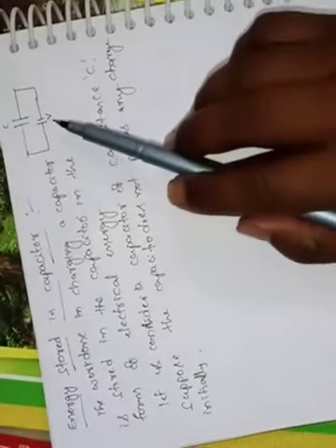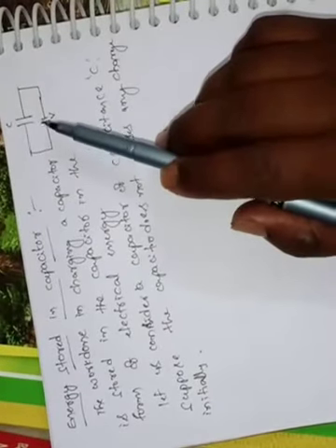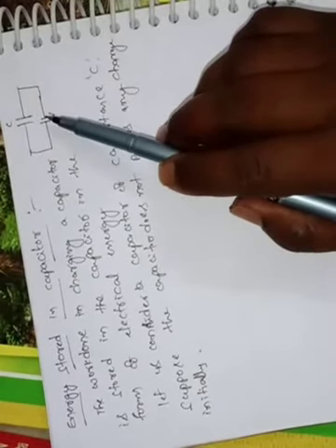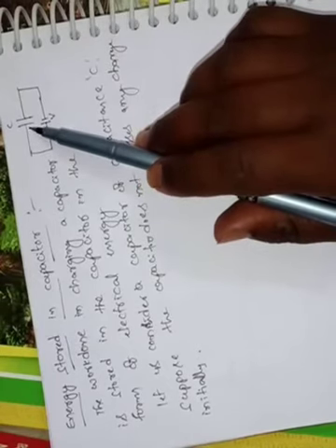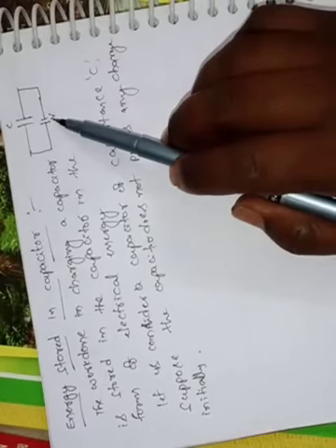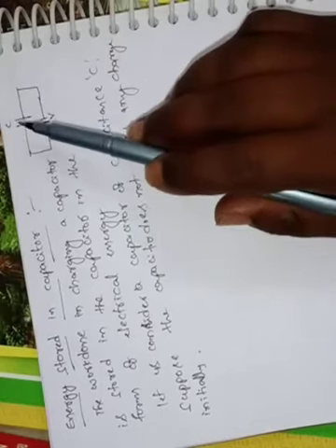When the battery is connected to the capacitor, then it charges to a potential difference V after some time.